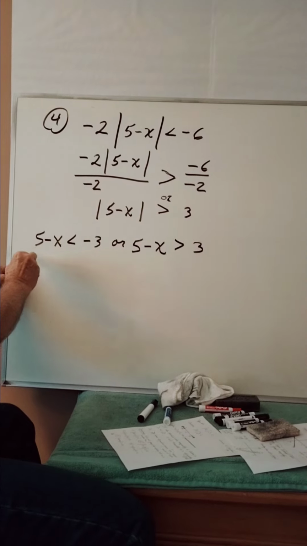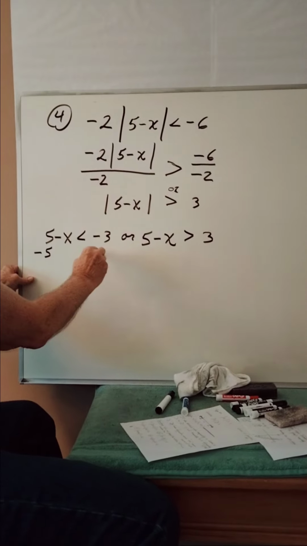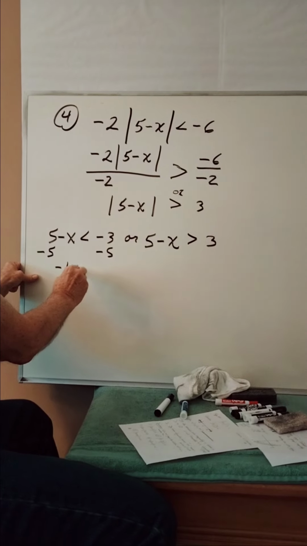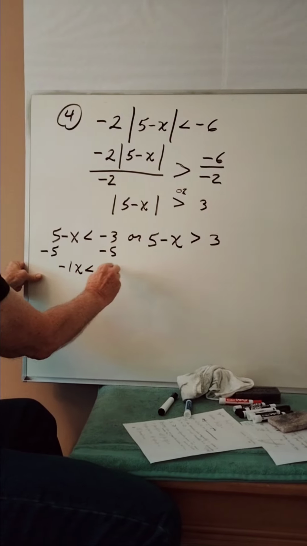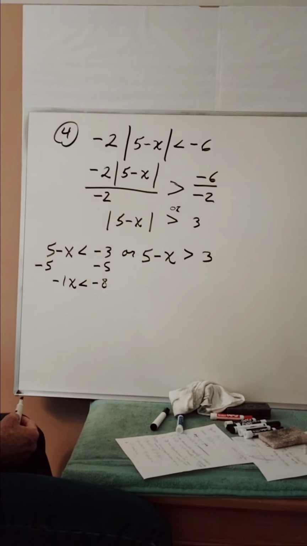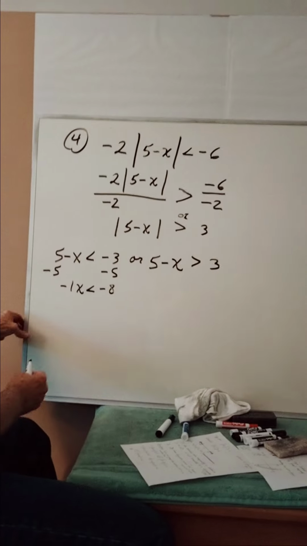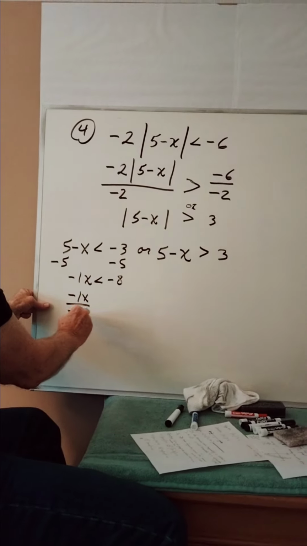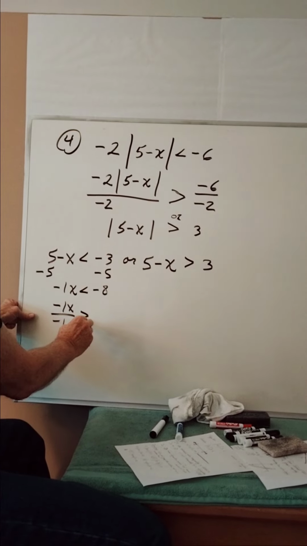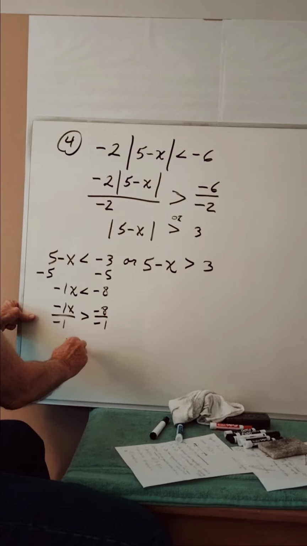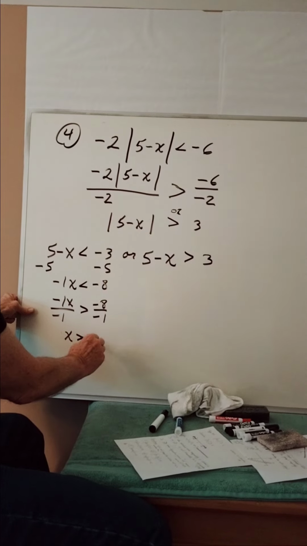Get rid of that 5. Negative 5, negative 5. Negative 1x is less than negative 8. But now we have to divide by a negative 1, and that means we have to reverse. So negative 1x divided by negative 1 is greater than negative 8 divided by negative 1, and x will be greater than 8.